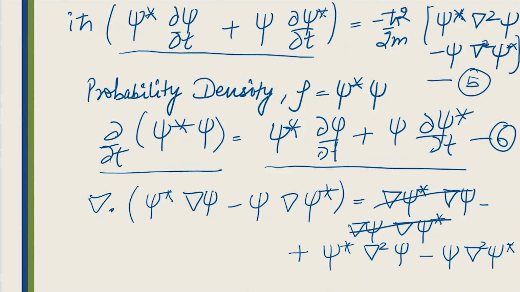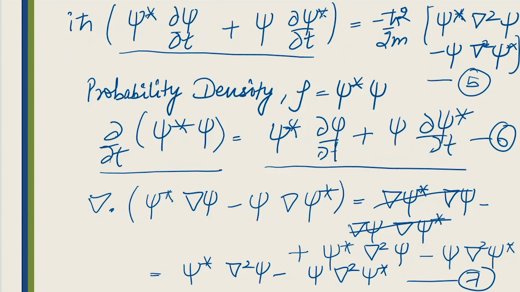The first terms will cancel out. So we can write this as psi star del square psi minus psi del square psi star. This is our equation number 7. We replace this term with equation number 7, the divergence of this whole term, so basically we are using 6 and 7 in 5.